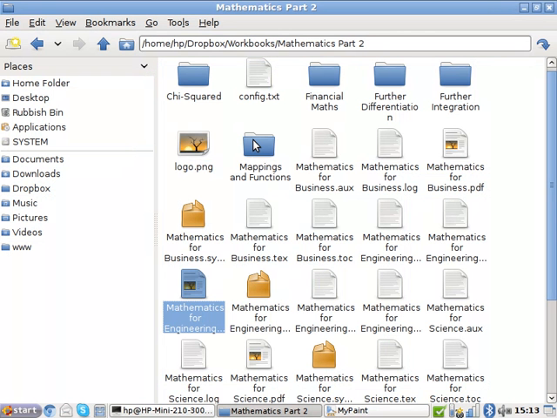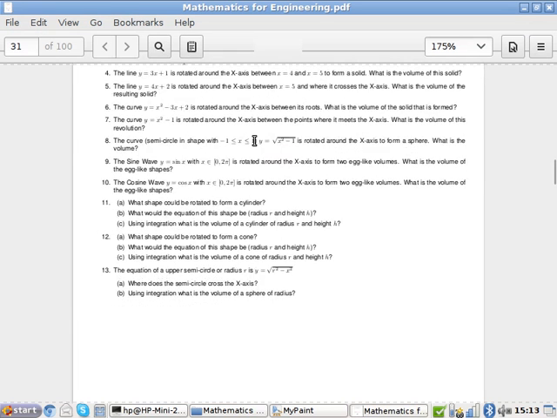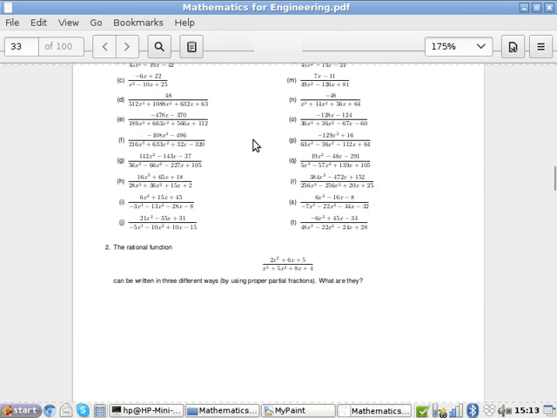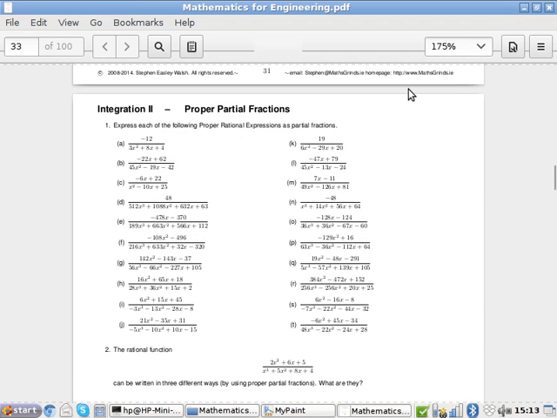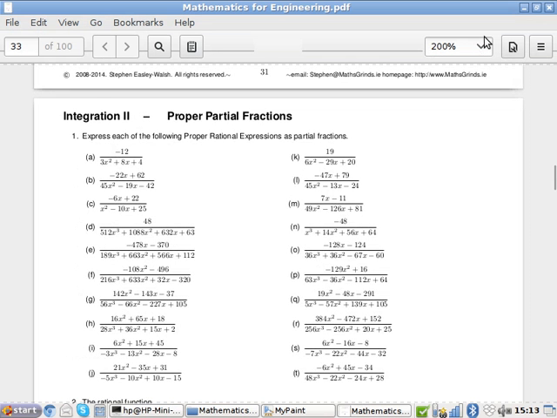So we're still going to continue with integration. Although we might have to do some trigonometry before that. Volume was last time, and proper partial fractions this time. So can you just write that title down, please?